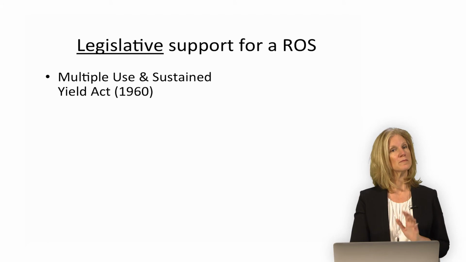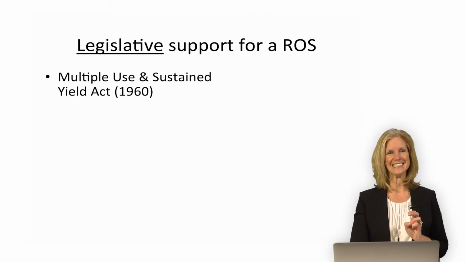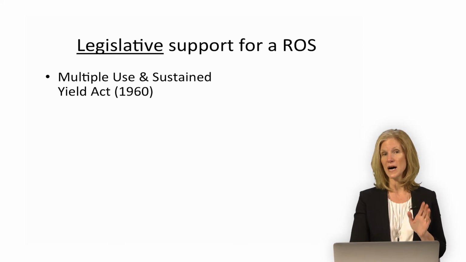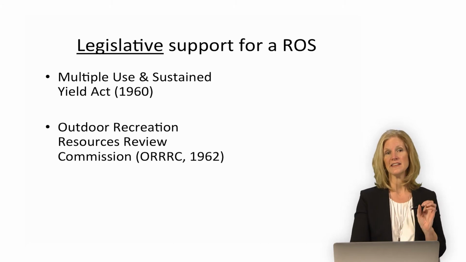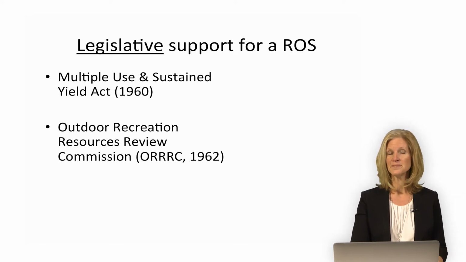So first off, the Multiple Use and Sustained Yield Act of 1960 noted that the U.S. Forest Service must recognize outdoor recreation as a main use. Also, in the early 1960s, the Outdoor Recreation Resources Review Commission report recognized a spectrum of recreation opportunities was important for public recreation.